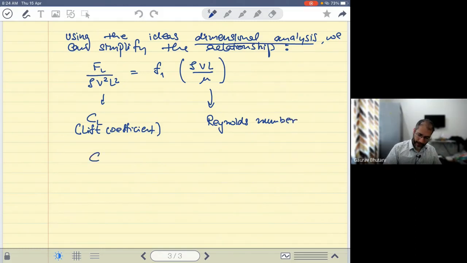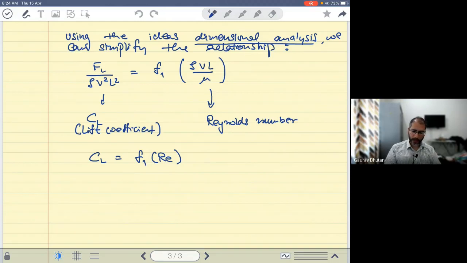Okay, so CL is a function of RE. All this comes from dimensional analysis concepts, which we learn soon. But this makes our life much easier.